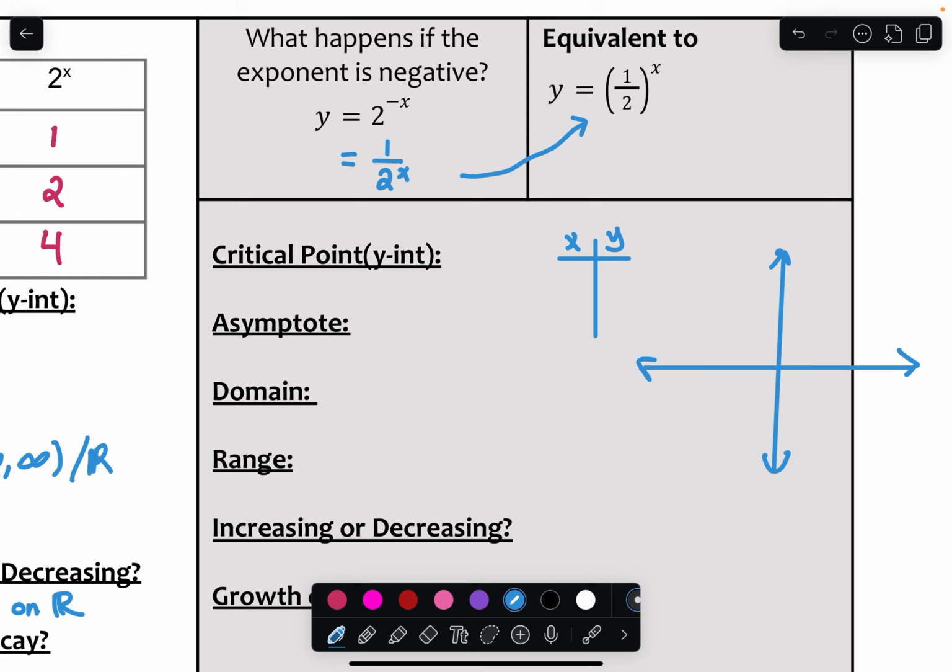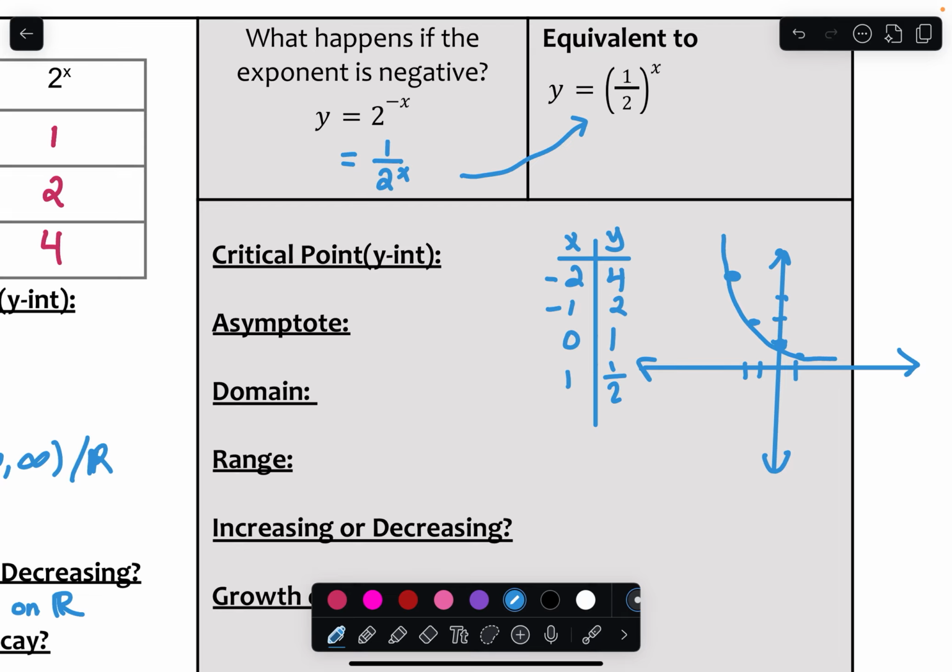So if I plug in negative 2 into this function, that becomes 4. So we have the point (-2, 4). If I plug in negative 1, I get 2. If I plug in 0, I get 1. And then if I plug in 1, I get 1/2.